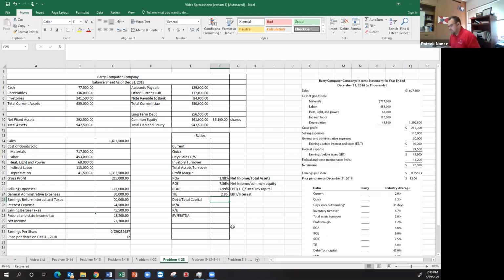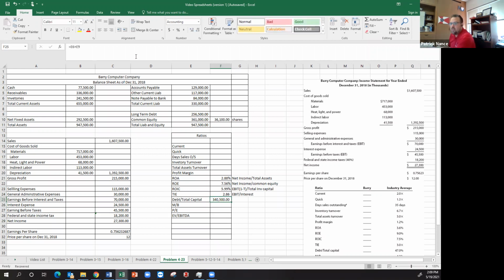All right, debt to total capital. So total debt, which is going to be this 84,000, note payable and long-term debt. So 340 divided by the total invested capital.